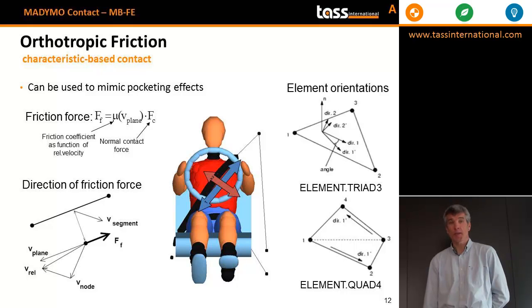However, characteristic base has no deformation of the jacket, because it's lumped in the contact force. Well, to mimic this pocket effects, you can define friction, or even penetration, as you will see in the next slide. This friction can be defined in 2 directions.